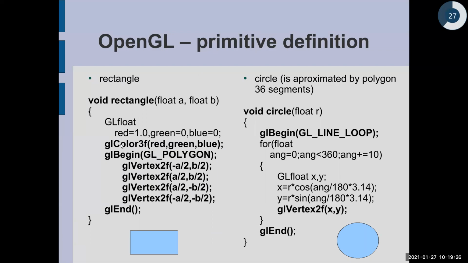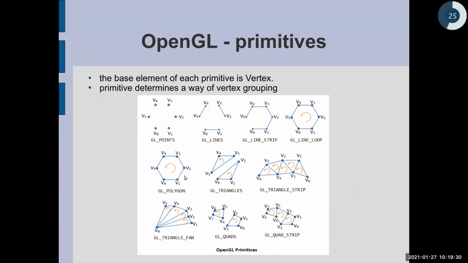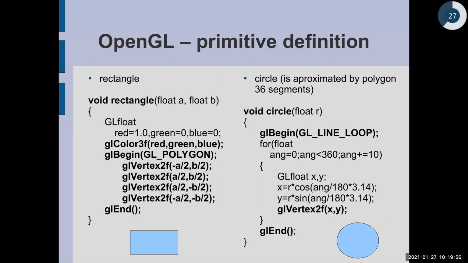In this case, we use the grouping GL_POLYGON. It differs from GL_LINE_LOOP in filling the inner part. Here we have only, let's say, a circumference. Here we have a figure with area, so we can fill it with color.